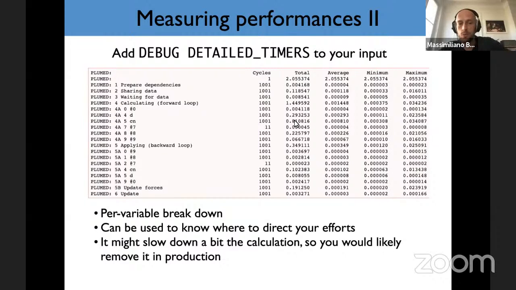It takes some time to prepare and accumulate the data for this table. So for production, it is better to switch it off. But in the beginning, if you want to understand what Plume is doing and how much time it takes, you can activate this particular line and you will have all this information.